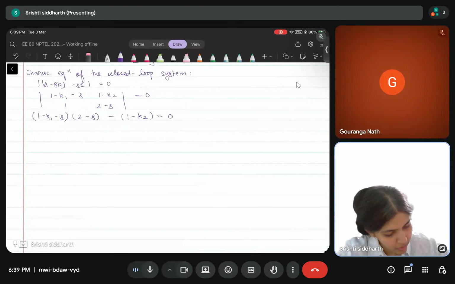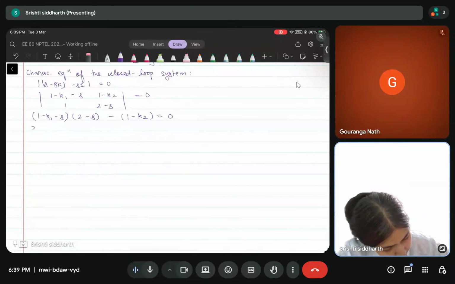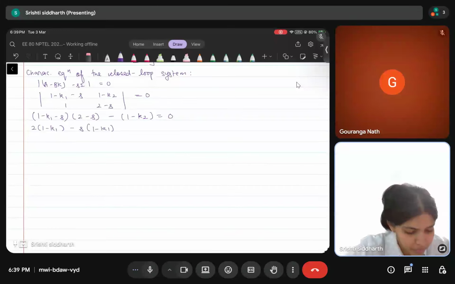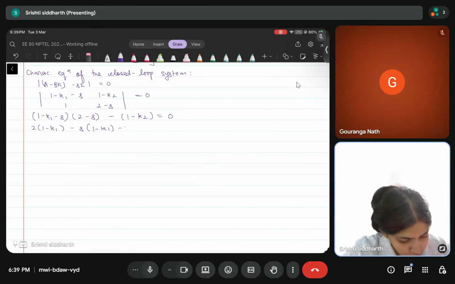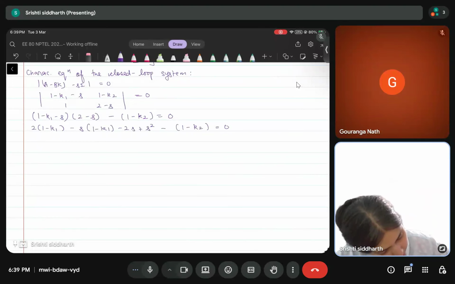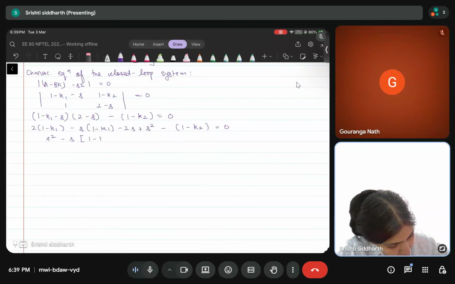So we have 2 times (1 minus K1) is 2s plus s squared. So we have s squared plus s and minus K1 plus 2.